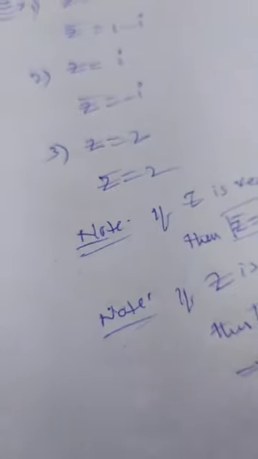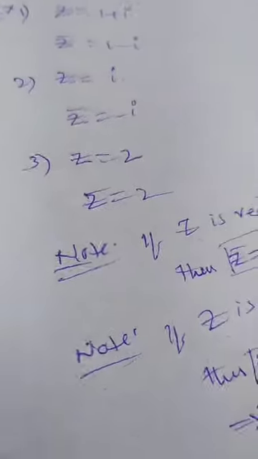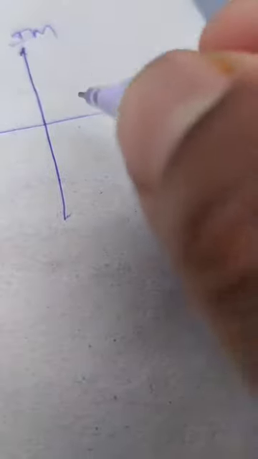Right, so let me explain how to represent a conjugate complex number in the Argand plane. Suppose this is the Argand plane, this is the real axis and this is the imaginary axis. Suppose I take some z here, say 2 plus i.